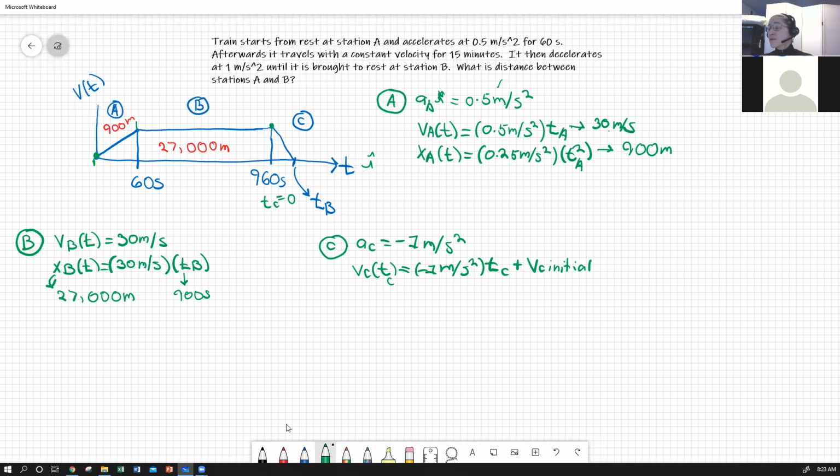The initial velocity within region C. Is it going to be 0, right? Oh, velocity. So the train's cooking along at 30 meters per second, and then the instant before they start to decelerate and go into this region C, what is the velocity that they're initially at right at this instant here? Yep, 30 meters per second, exactly.